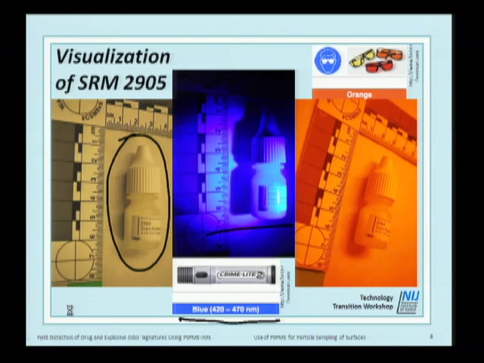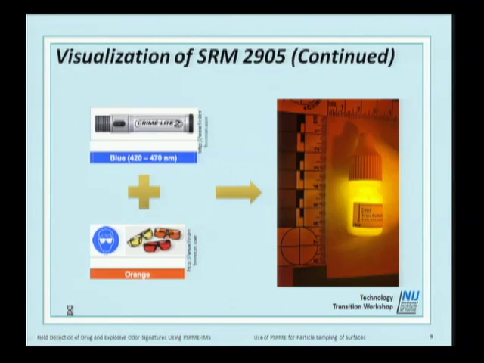If you look at the container through amber lenses, the orange lenses, then it looks like this. And if you combine irradiation of blue light and looking at it through amber lenses, which is what you're going to do, you get what we call fluorescence.